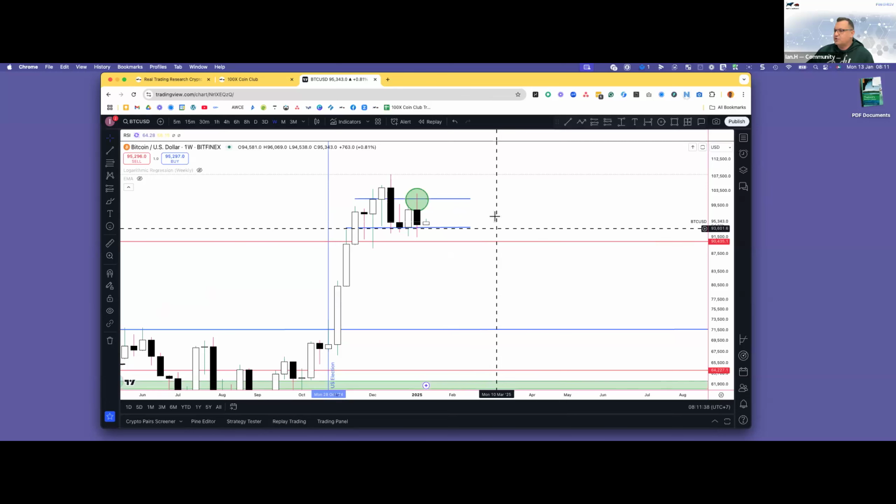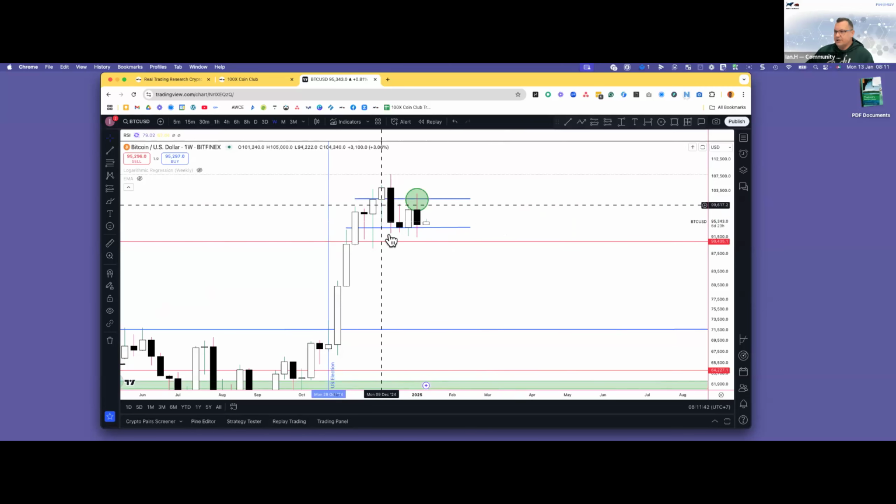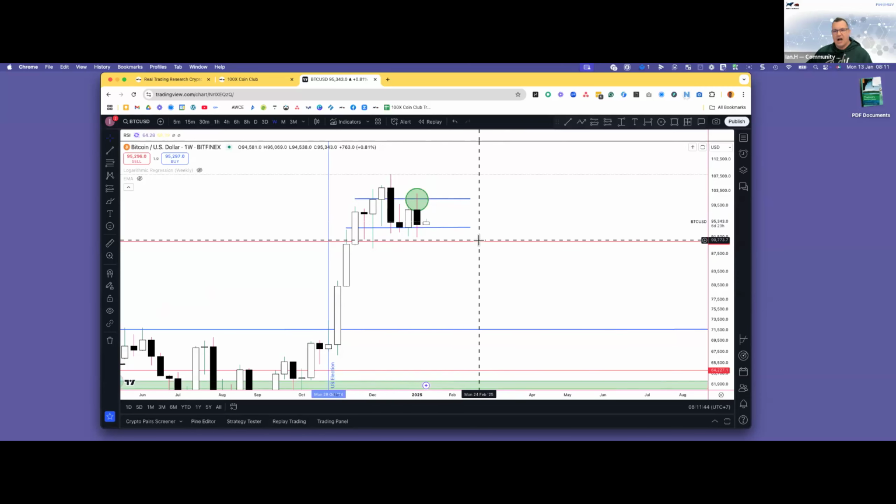If we look at what I've drawn here, is there anybody looking at this weekly chart who is going to change their mind as to whether we're bearish or bullish? Is anybody looking at this weekly chart thinking, oh, these recent events have been so totally out of whack?